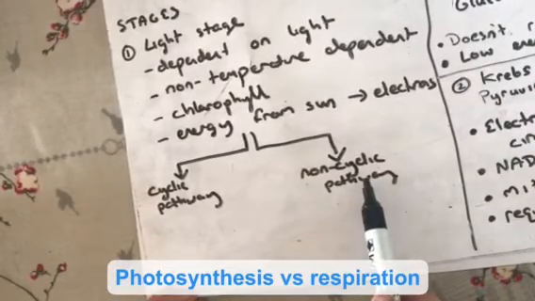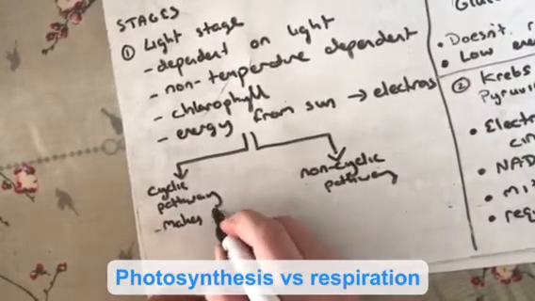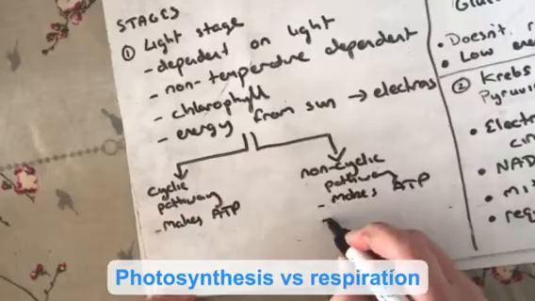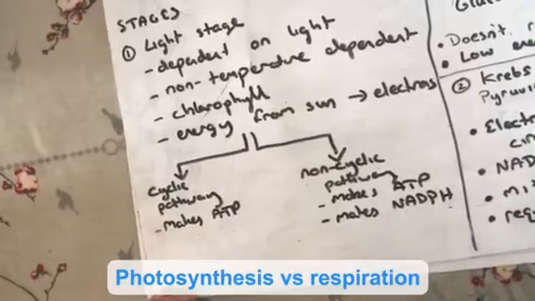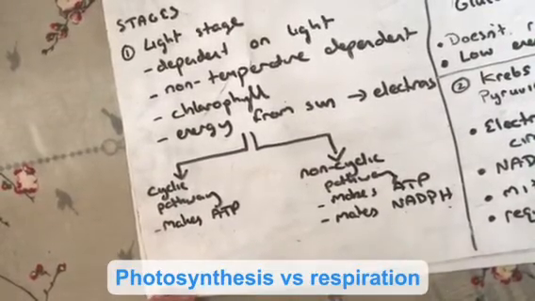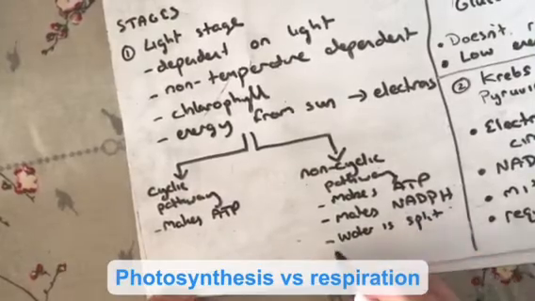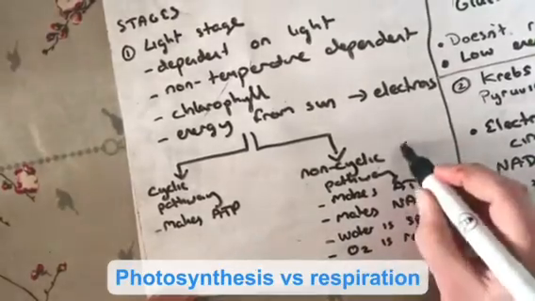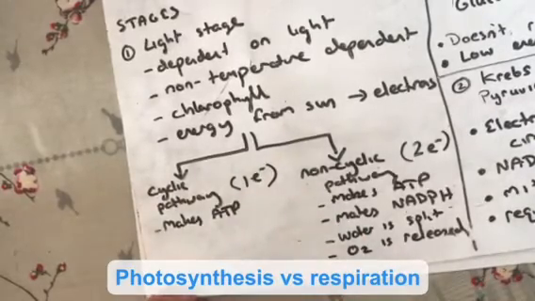The electrons do not end up at the same point as they started, and this makes ATP, and also makes NADPH. You'll notice there's a P there. Always remember P for photosynthesis. It's also an electron and a proton transporter. Water is split, O2 is released, and the non-cyclic pathway involves 2 electrons. The cyclic pathway only involves 1 electron at a time. I'm hoping that's clear.